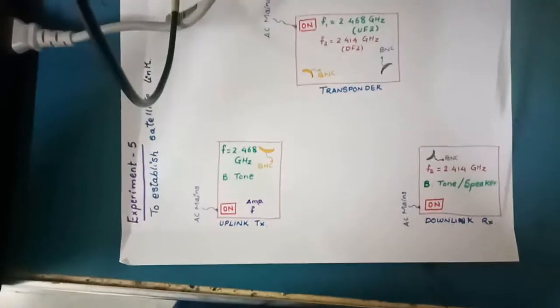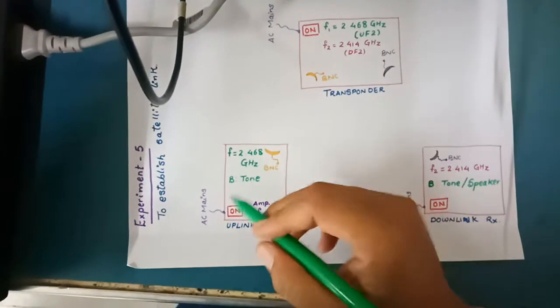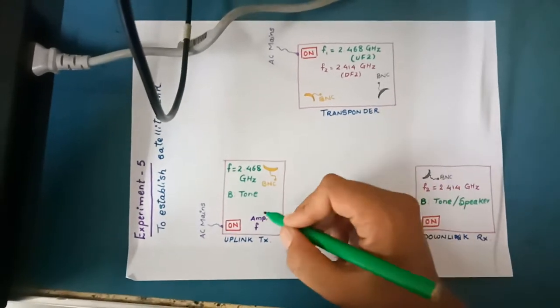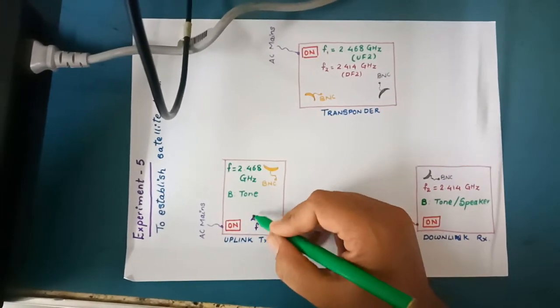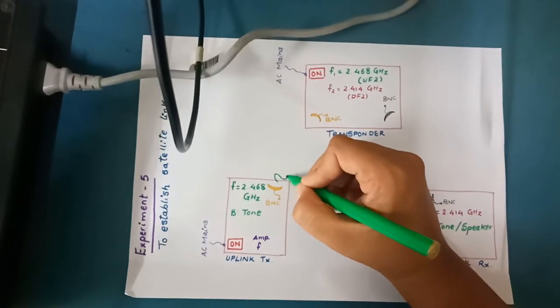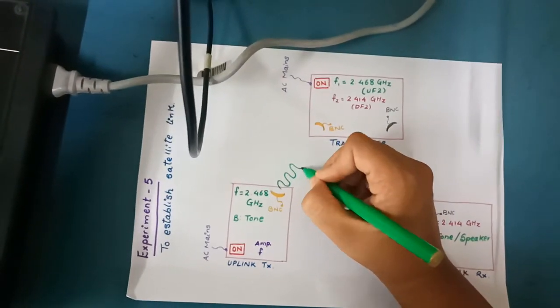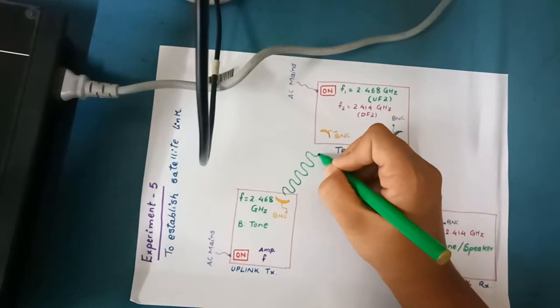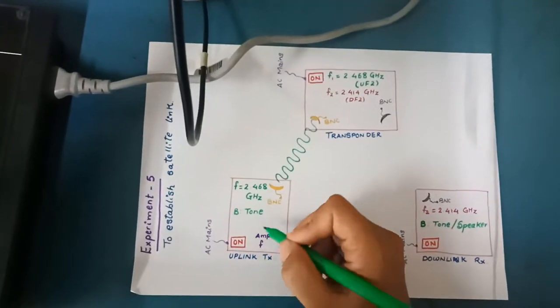Once the uplink transmitter is ready to transmit, it will transfer the amplitude and frequency signal to the transponder like this. Now what is its amplitude and frequency?